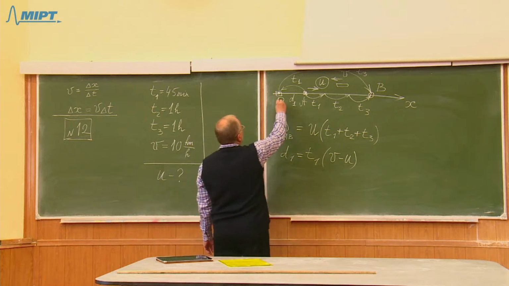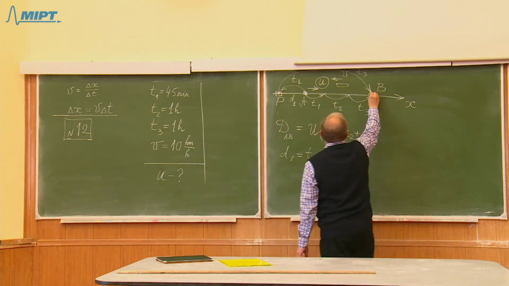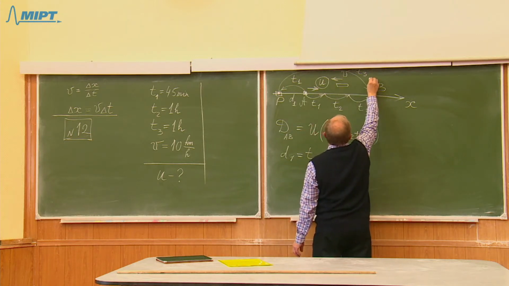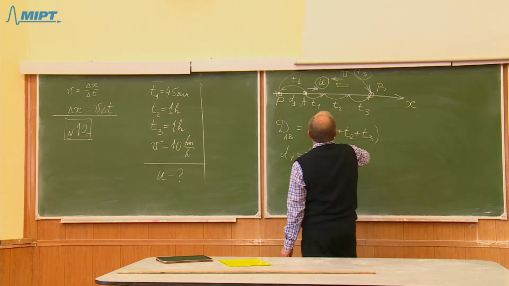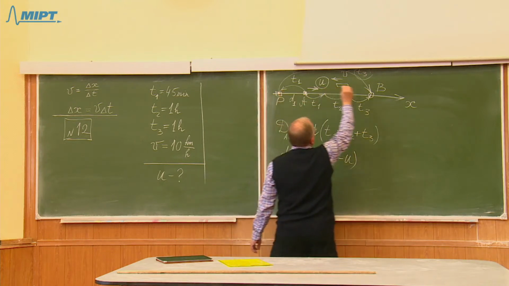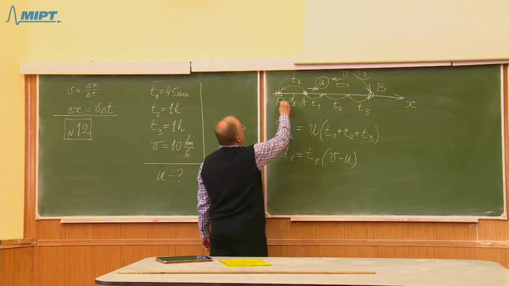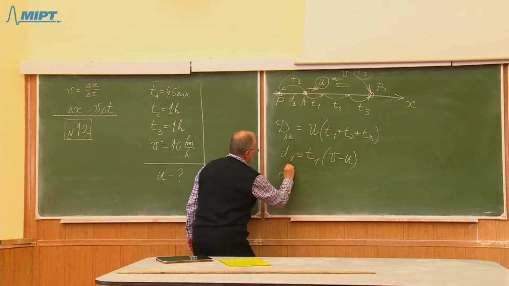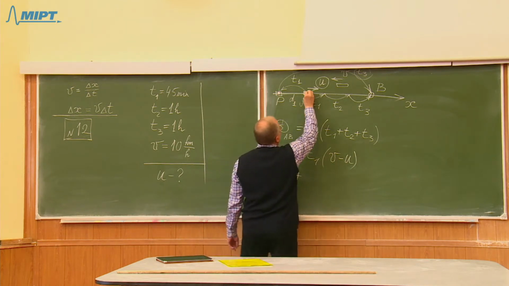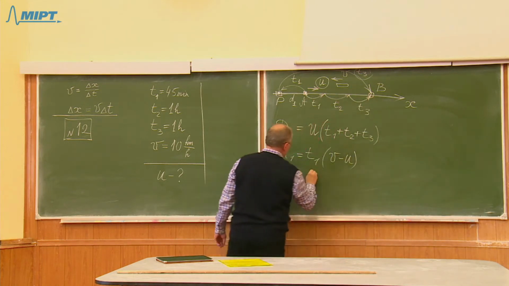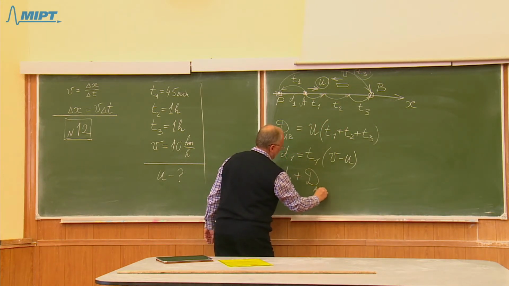And then from point P to point B, the motorboat went during time interval t3 and covered this distance, which is equal, by the way, to d1 plus the distance from point A to point B, and this is d, capital DAB.